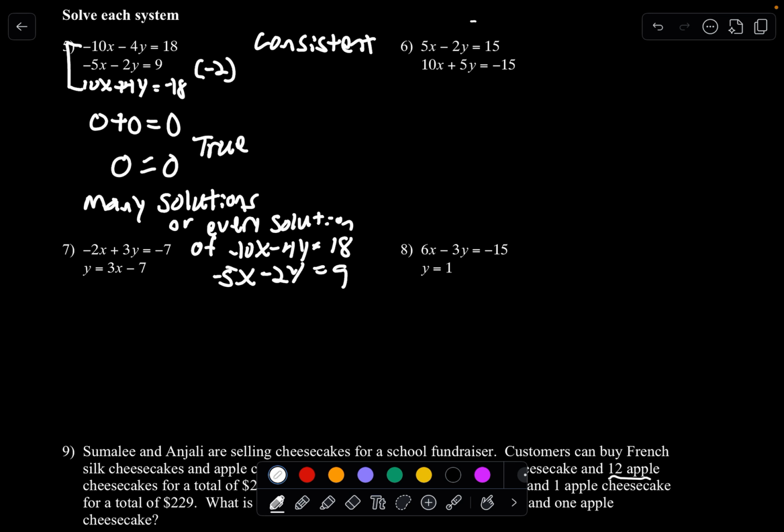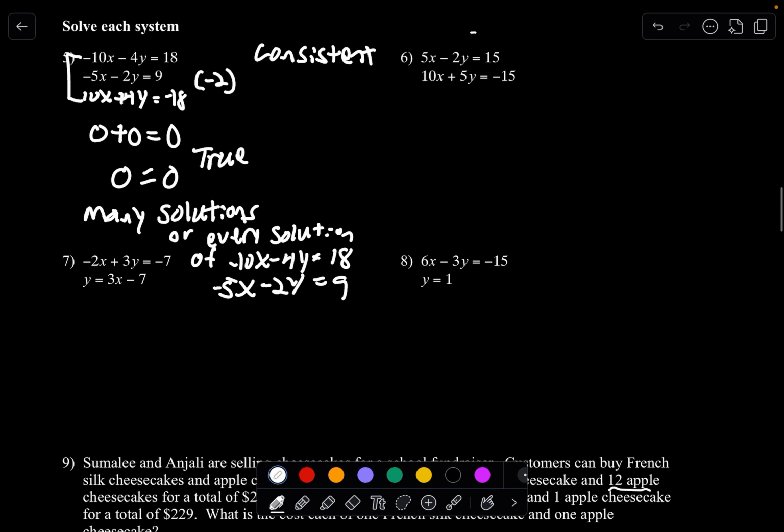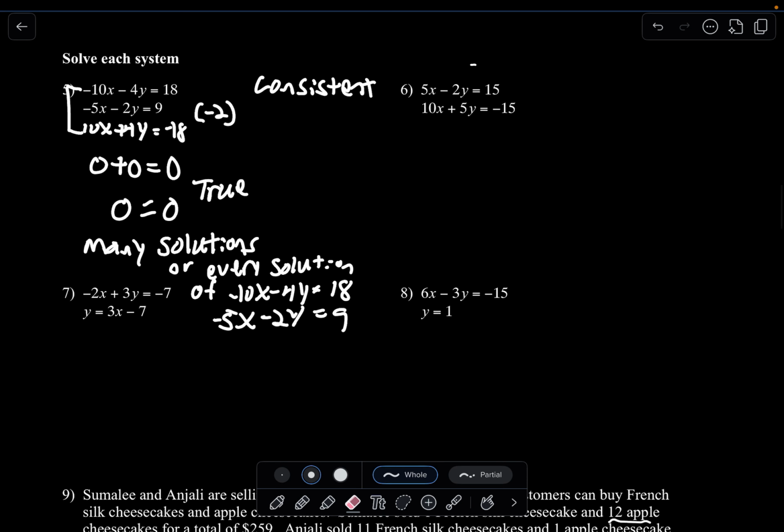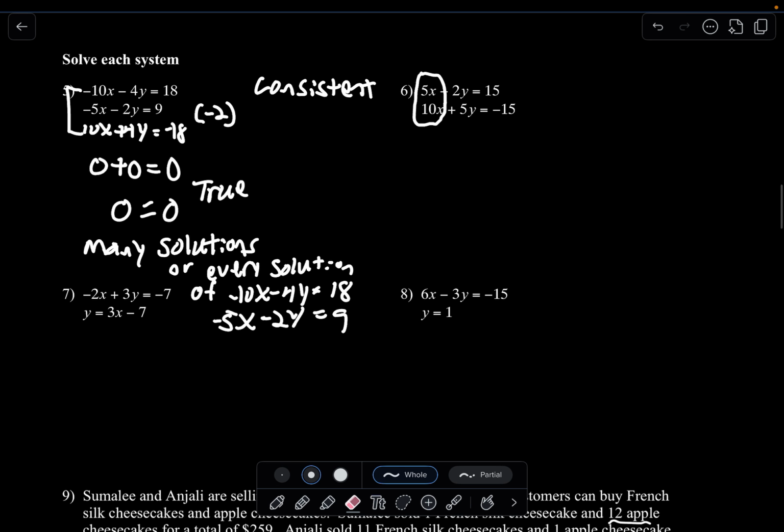Looking at number 6, 5x minus 2y equals 15. You have to decide what variable you want to kill. By looking at this, I think I'm going to kill the x's. How do we do that?